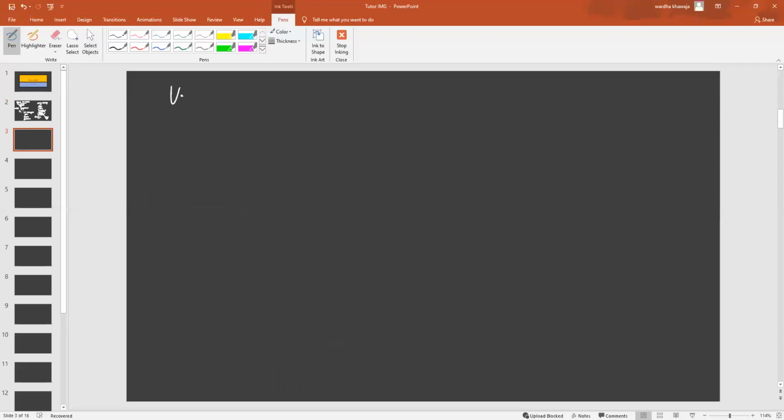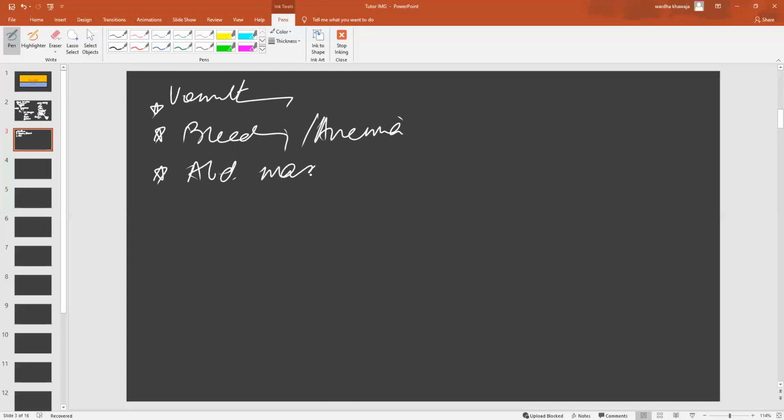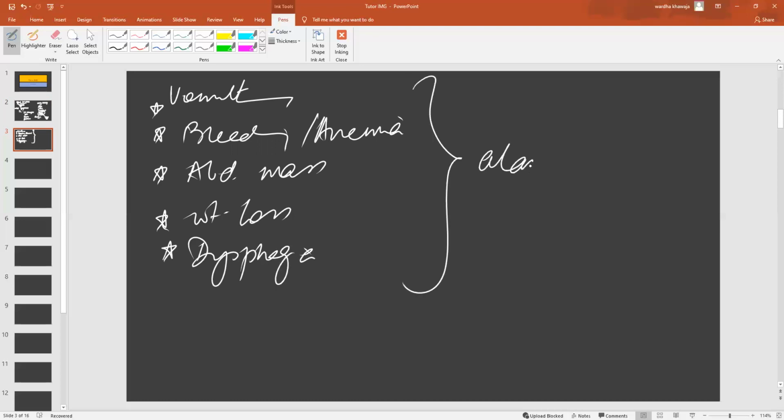The alarm symptoms will be vomiting, bleeding, or anemia, abdominal mass that is felt by the patient, weight loss, which is unexplained by any other dietary restrictions, and of course, dysphagia. Now, these are alarm symptoms.